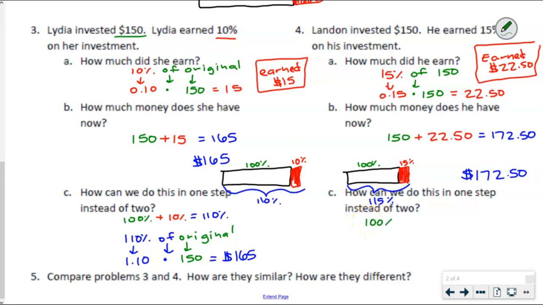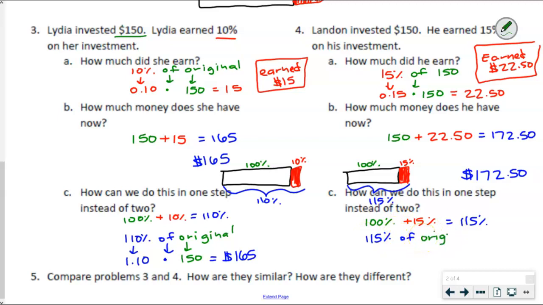Come back to me. 100% plus 15%, as you know, is equal to 115%. So I want to know, what is 115% of the original amount?